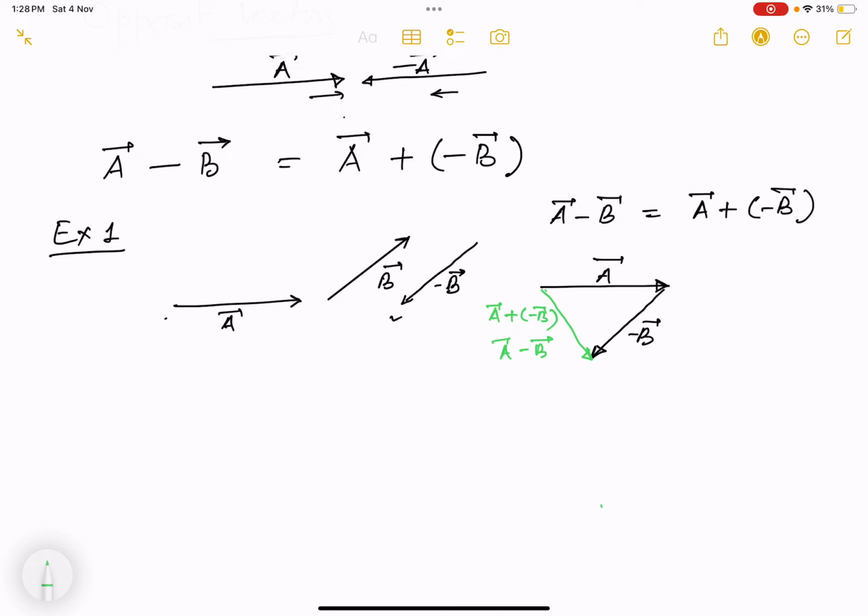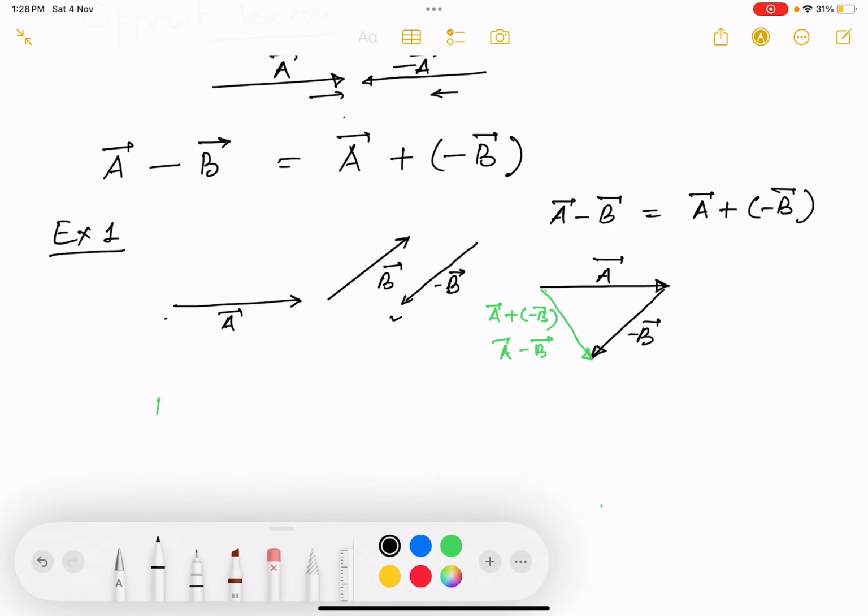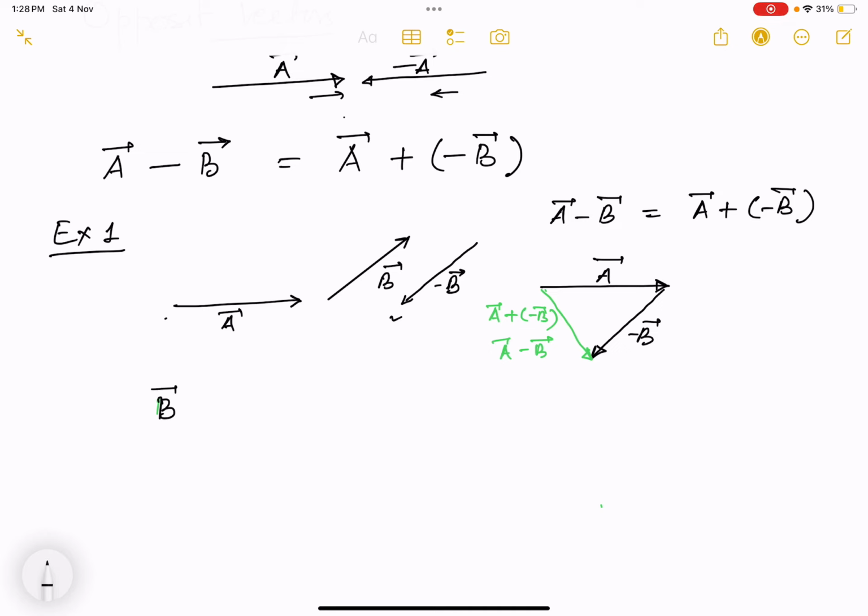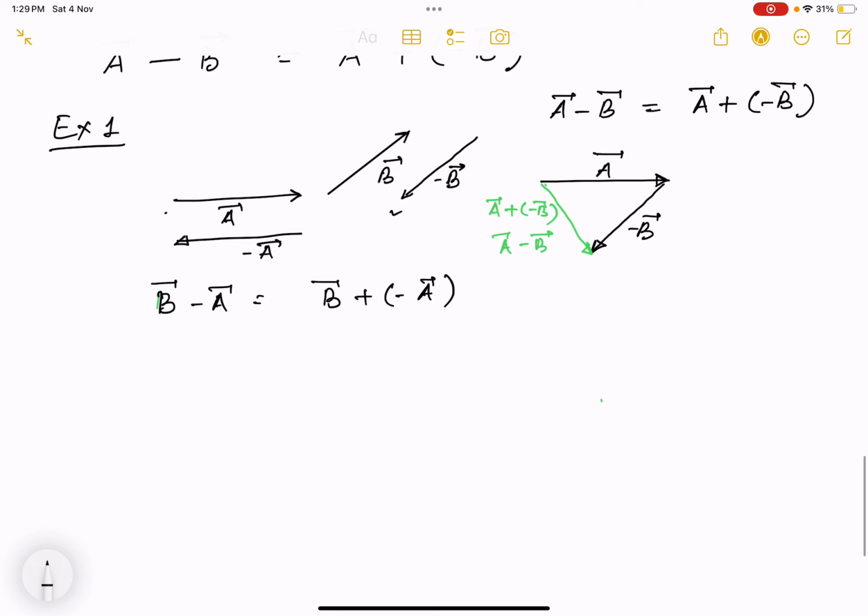We'll take another example. How do we get B minus A? B minus A will be B plus minus A. So now which vector to flip? A. So you flip vector A. This will be minus A vector. Now which vector to translate first? B. First you translate B. This is vector B translated. Then what do you do?